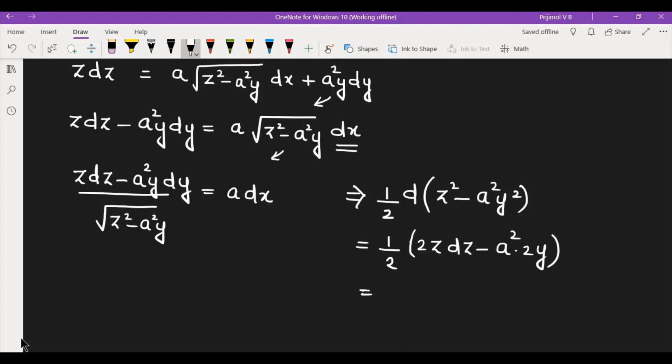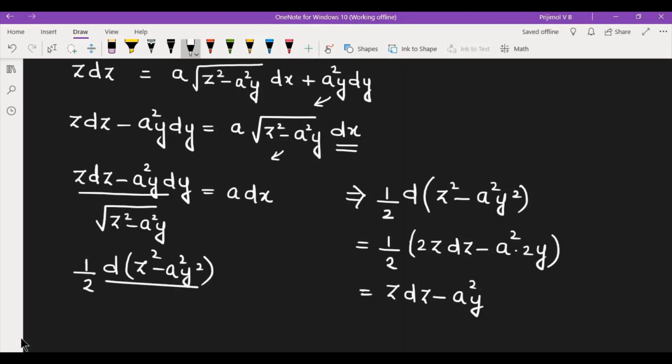So which is nothing but z dz minus a square y dy. So we can replace our numerator as 1 by 2 d of (z square minus a square y square), the whole divided by root of z square minus a square y square. Now this z square minus a square y square is treated as a single variable.